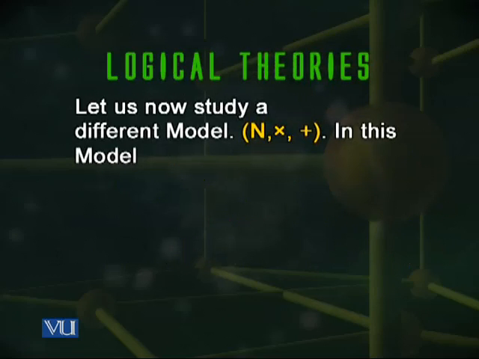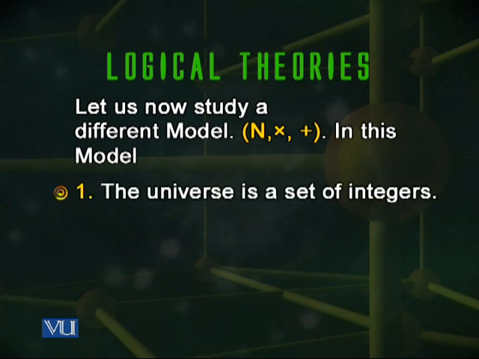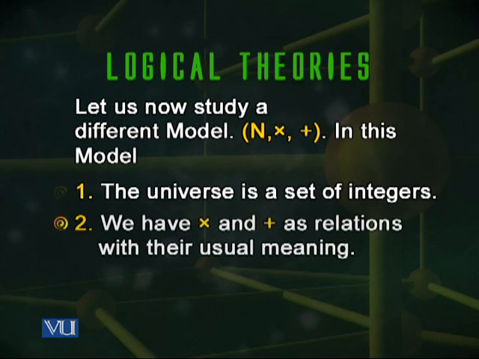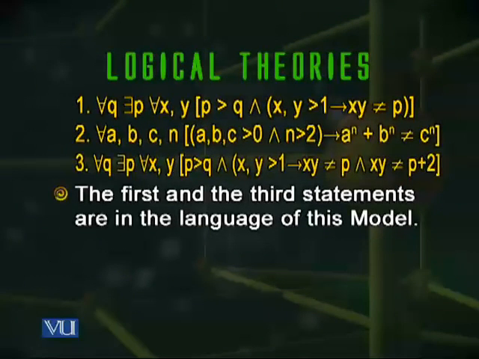Let's now study a different model. This model is going to be N, plus and multiplication. In this model, the universe is the set of all integers, and we have times and plus as relations with their usual meaning. The first and the third statements are in the language of this model.